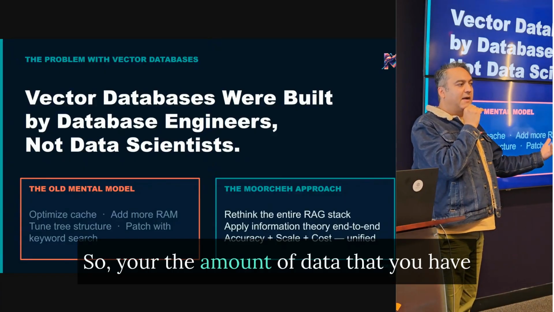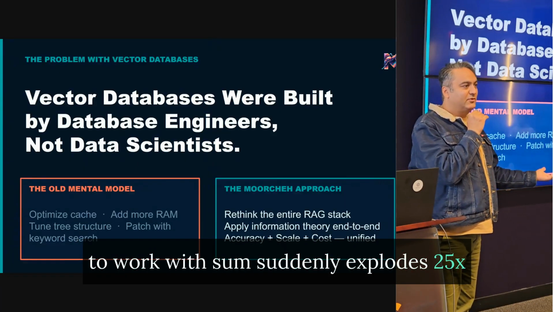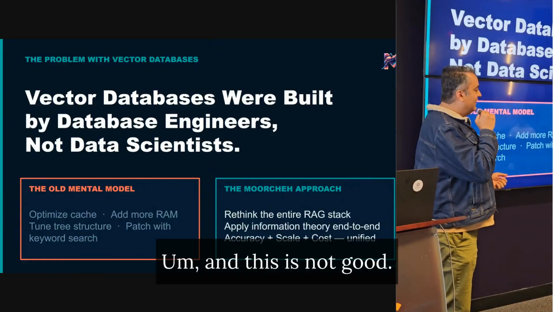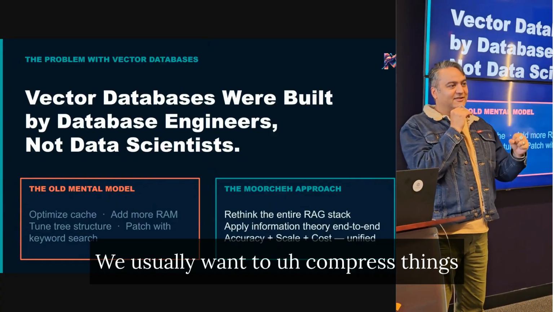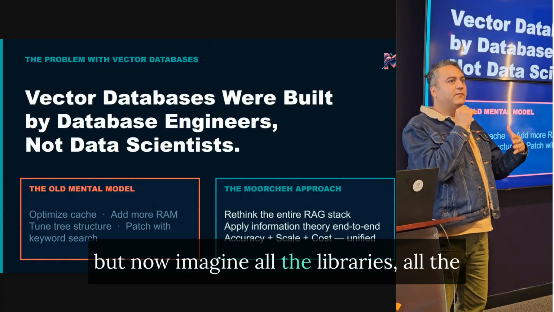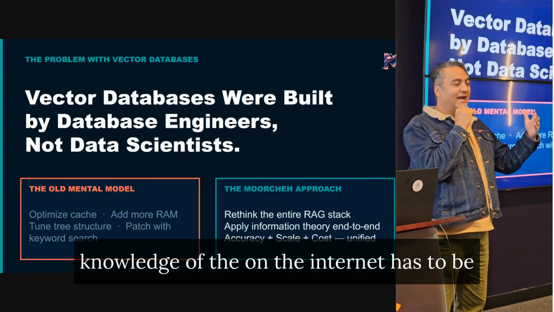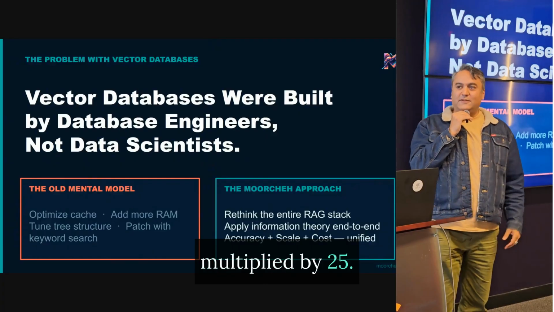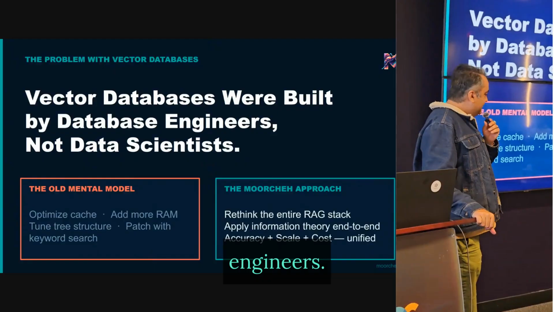So the amount of data that you have to work with suddenly explodes 25x or more. And this is not good. We usually want to compress things, but now imagine all the libraries, all the knowledge on the internet has to be multiplied by 25. That's panic mode for engineers.